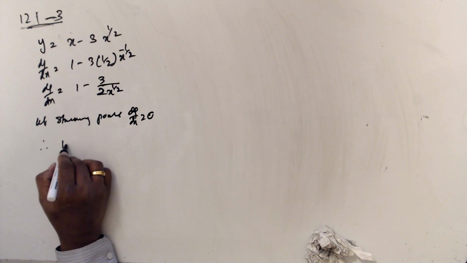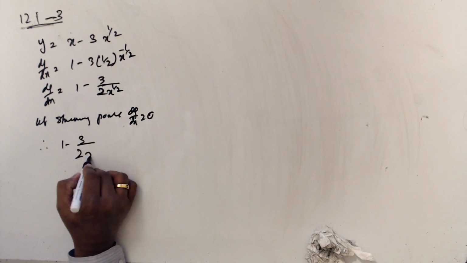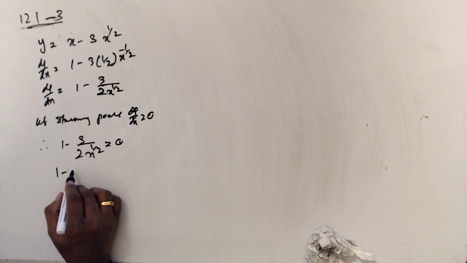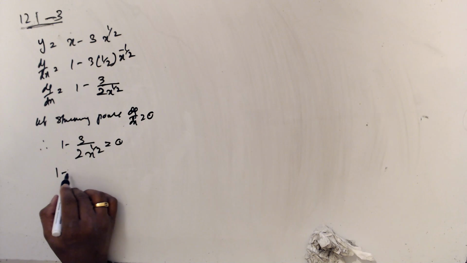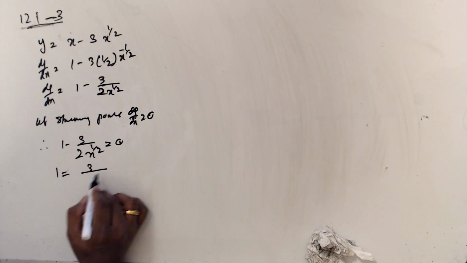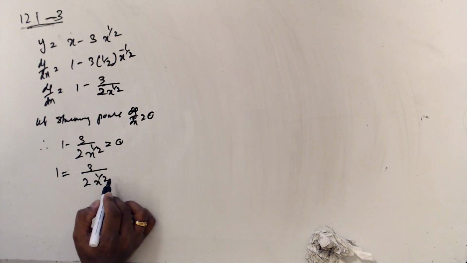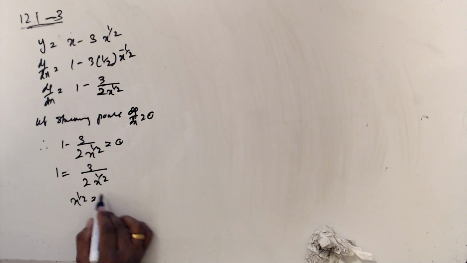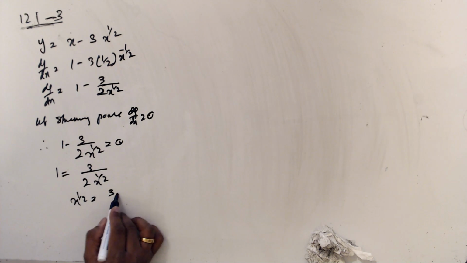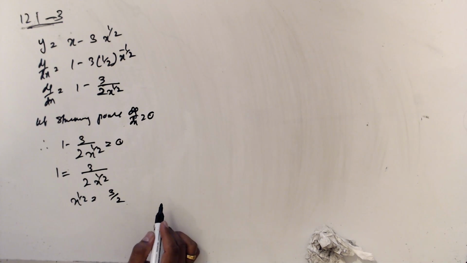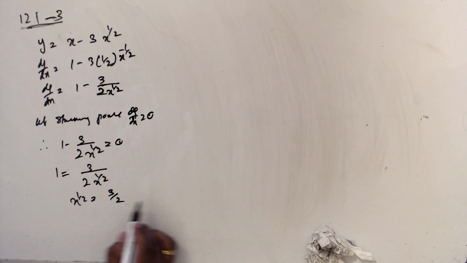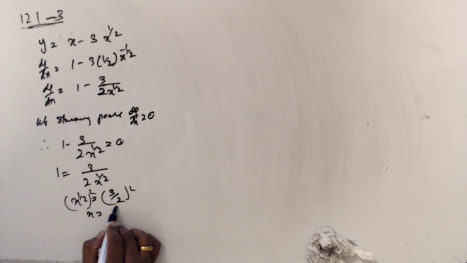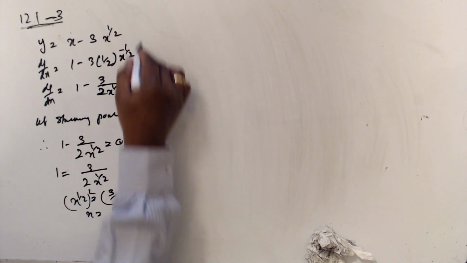Hence 1 equals 3 over 2x^(1/2). So x^(1/2) is 3 over 2. We square both sides, then x is 9 over 4.